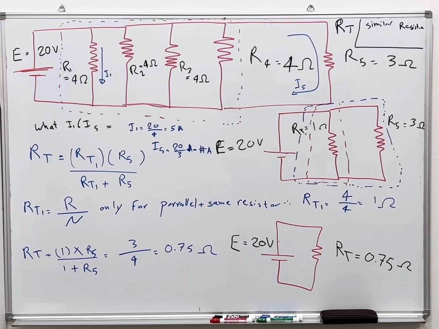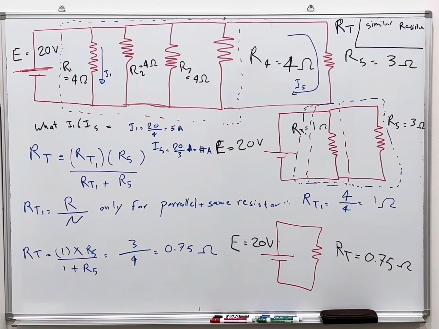And from Ohm's law, 20 divided by R, or E divided by R, will equal I1. So 20 divided by 4 equals 5. So I will equal 5 amperes. And it's the same for R2, R3, and R4. So 5, 5, 5, 5.